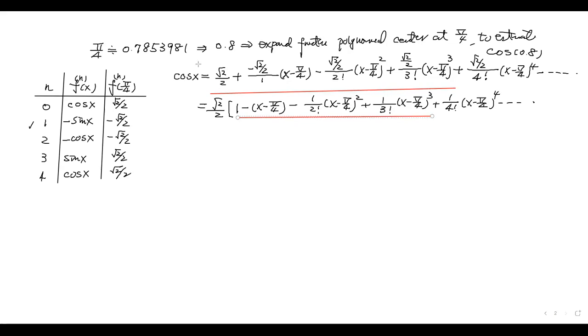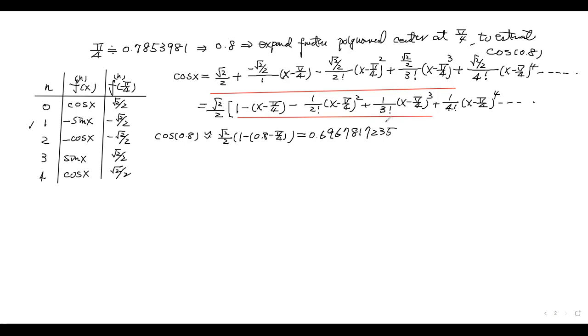So let's do just like what we did before, see how accurate. Okay, so cosine 0.8 can be approximated by the first two terms. So it will be square root of 2 over 2 times (1 minus (0.8 minus pi over 4)). Okay, so now in here you will get 0.6967817235.